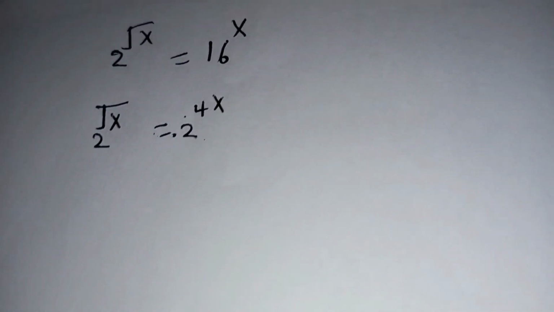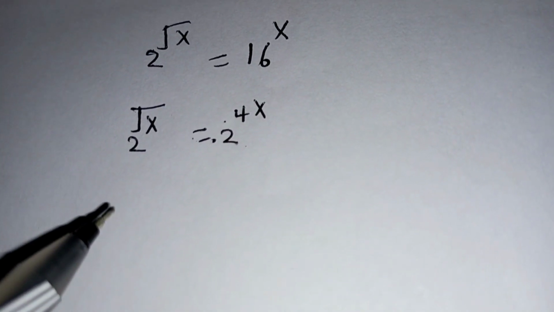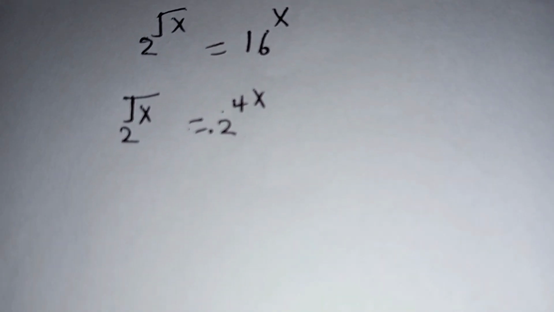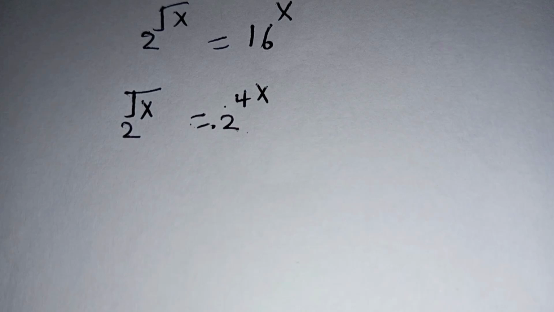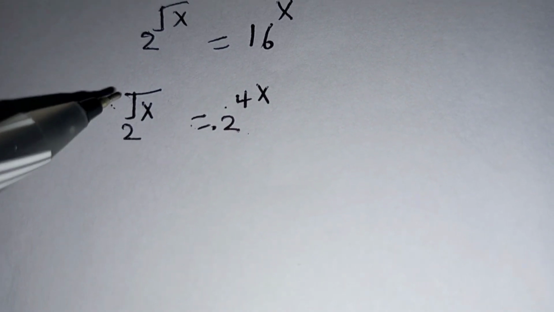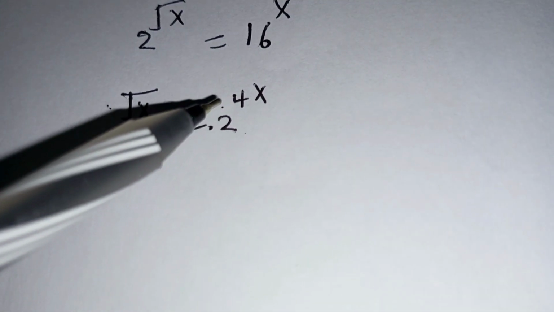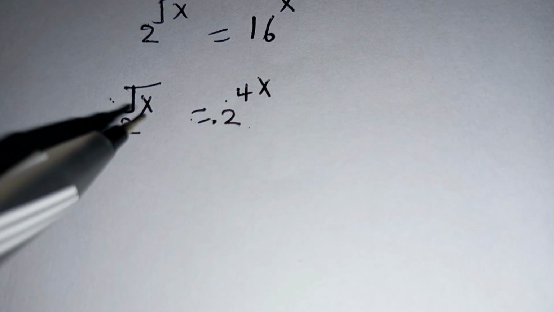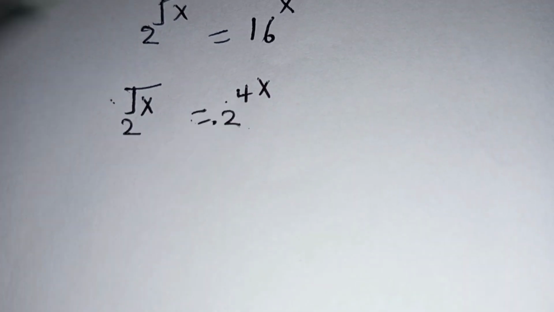We make use of the law of indices, which tells you that when the bases are equal, you can always equate the indices. So you are going to equate square root of x to be equal to 4 power x. So square root of x is equal to 4x.